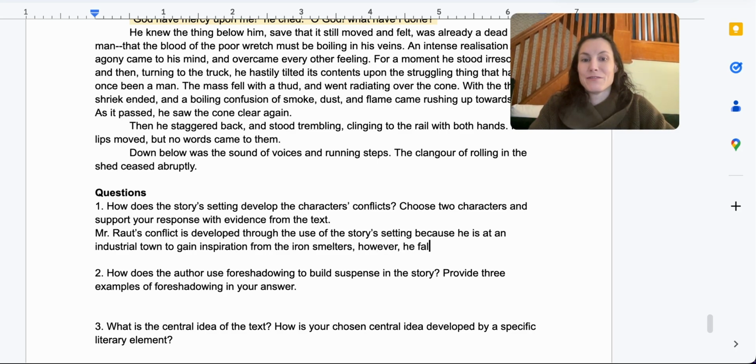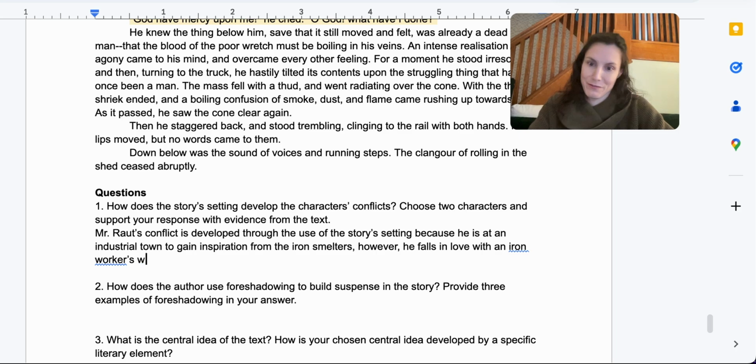However, he falls in love with an iron worker's wife. And then we could say Horrocks' conflict is developed because he's making this decision on how he should get revenge.